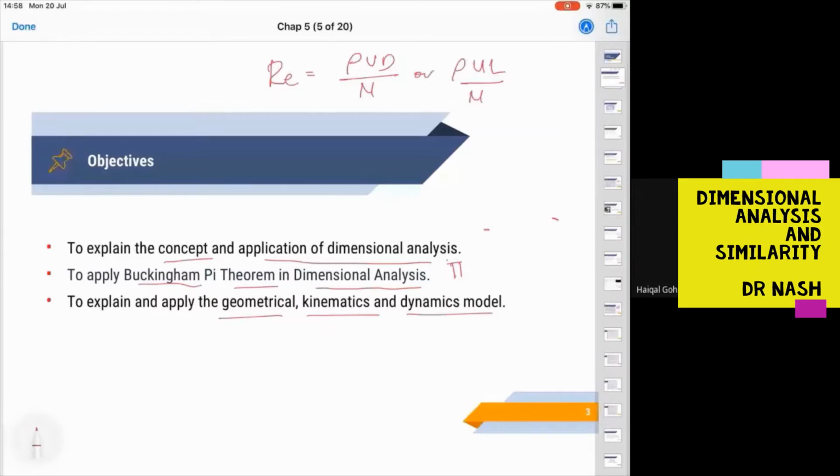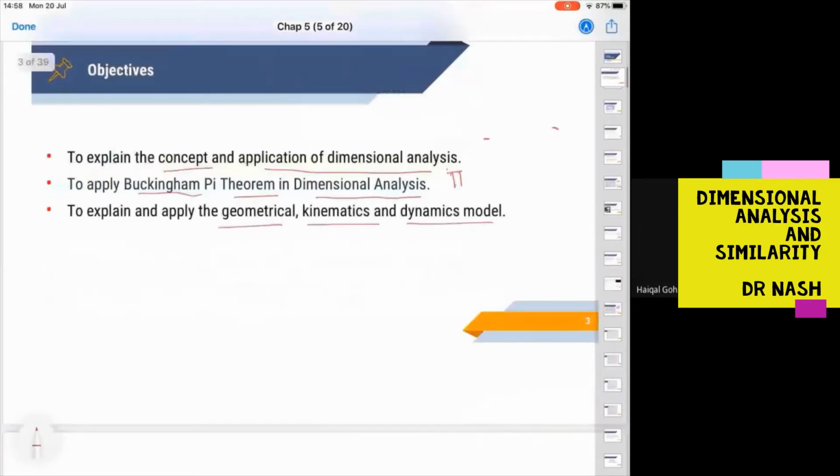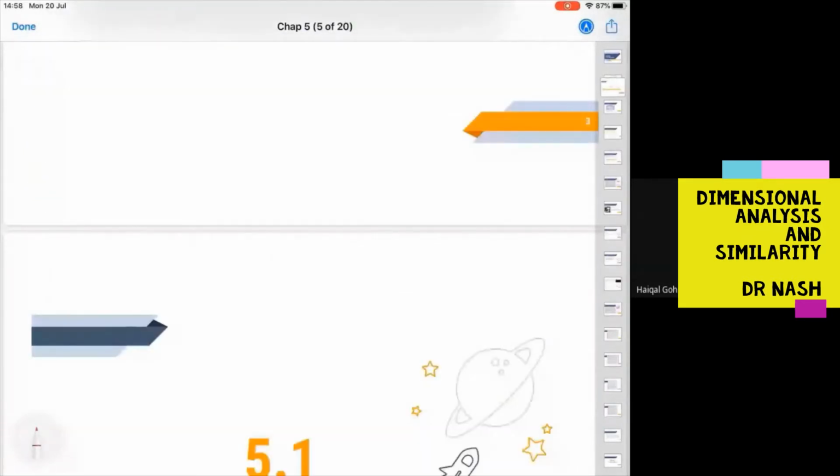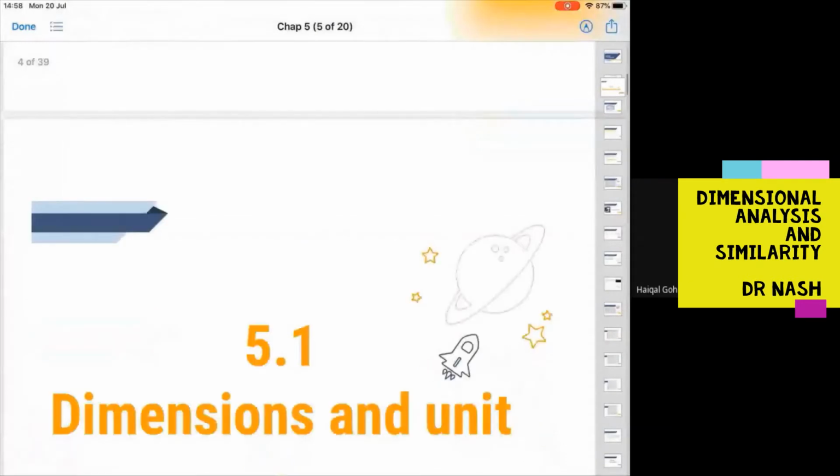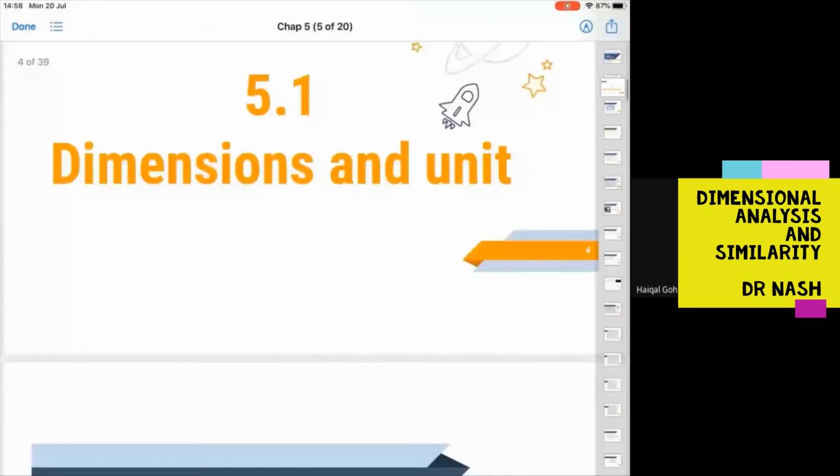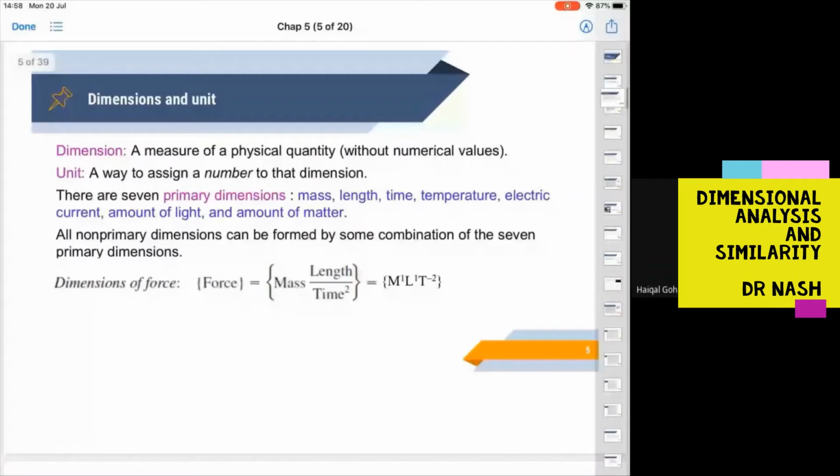So for dimensions and unit, I believe everybody knows unit kan, a way to assign a number to that dimension. Kalau contohnya hari ni COVID-19 kan, kalau kita pergi ke mana-mana institution ataupun let's say pergi mall, pergi market, even pergi masjid sekarang ni pun dia akan ambil temperature.